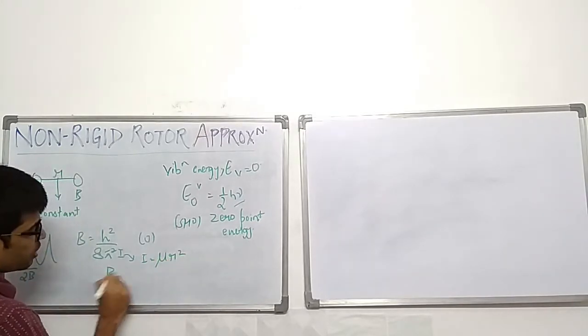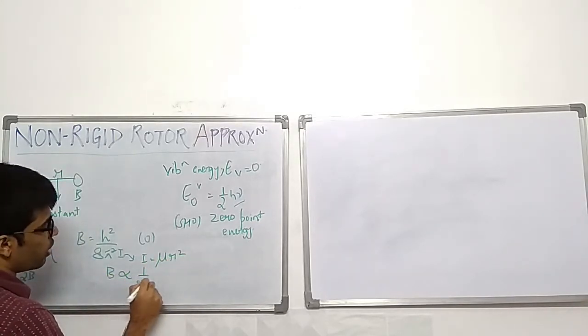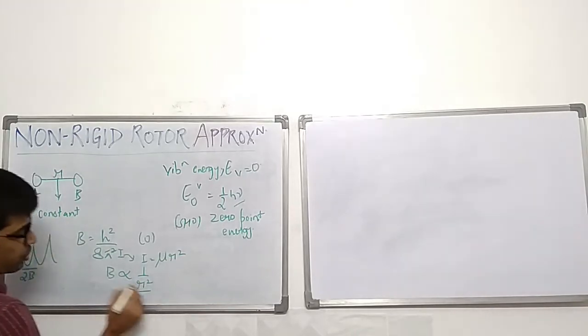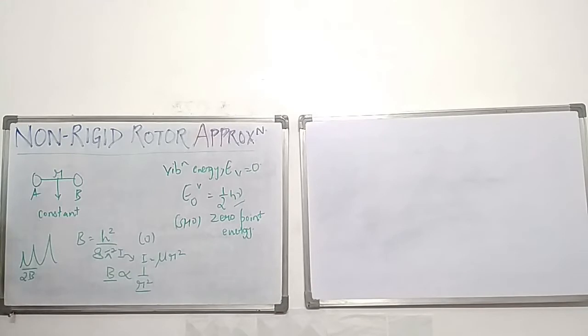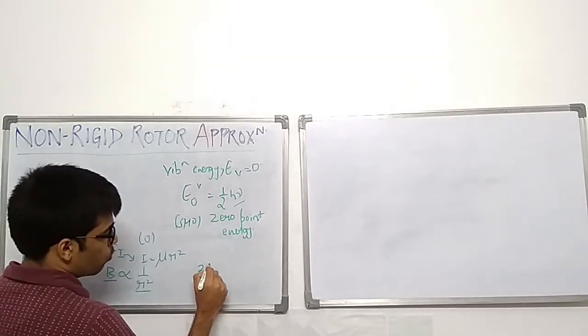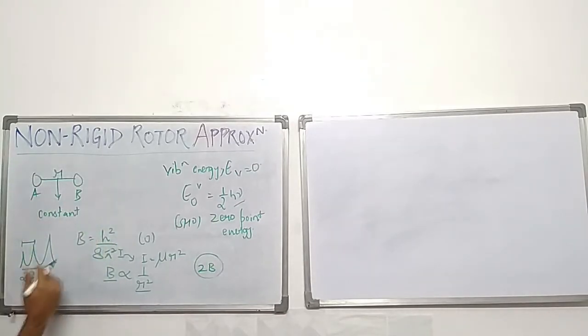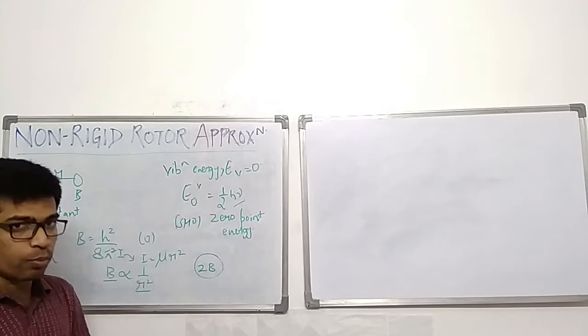That means B is inversely proportional to R square, so if R is changing, B will change. The difference between two consecutive lines is no more fixed, no more 2B; it's now either less than or greater than 2B.